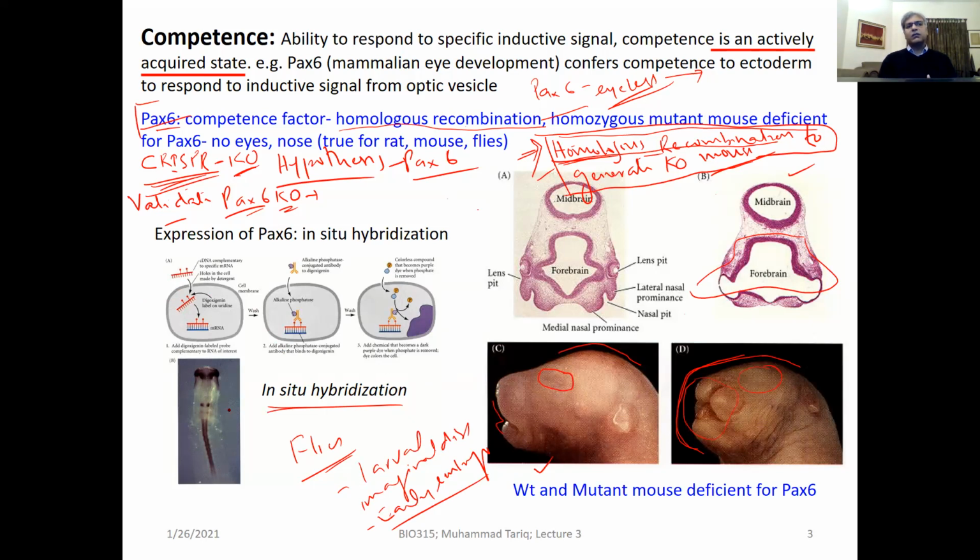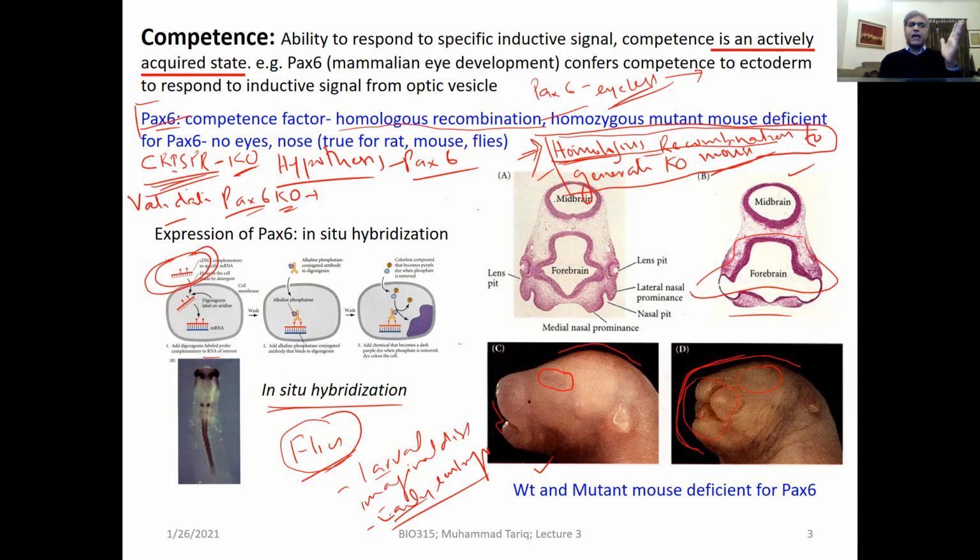These are fluorophores. For PAX6, or eyeless, which is the fly homologue of PAX6, in imaginal discs or early embryo or these slices, we will hybridize them with this fluorophore-containing probe.